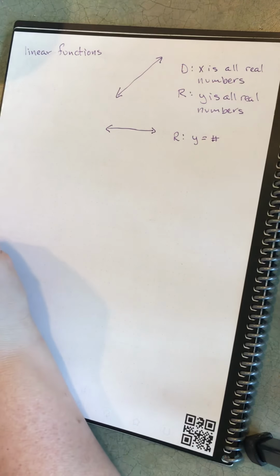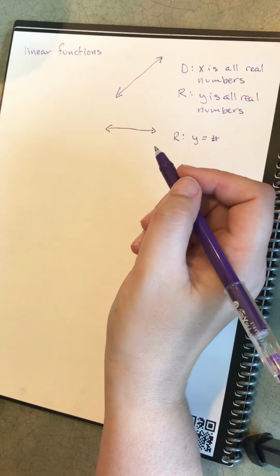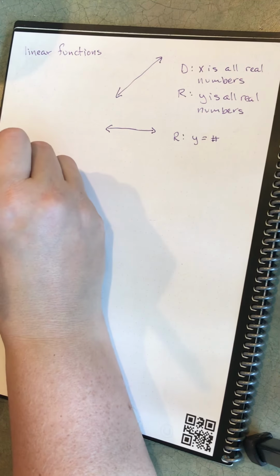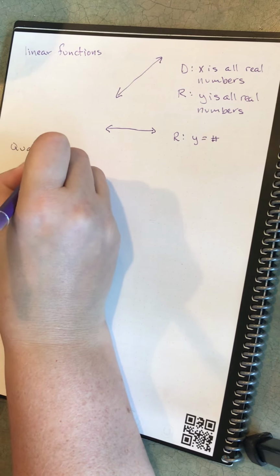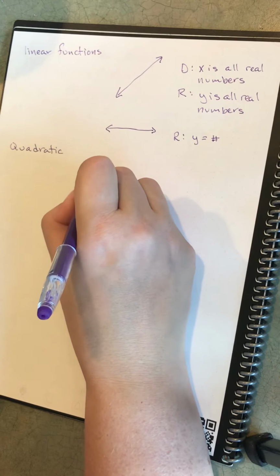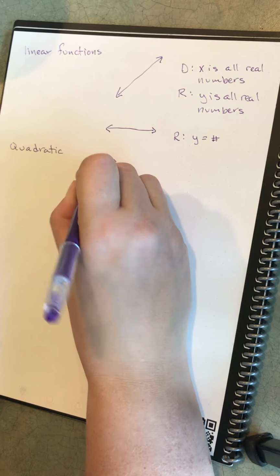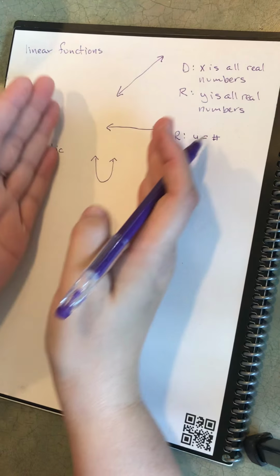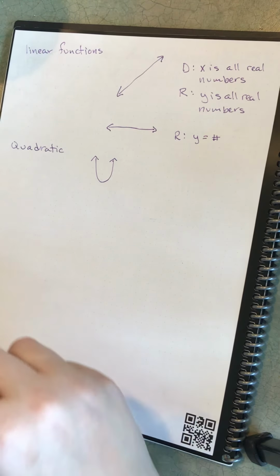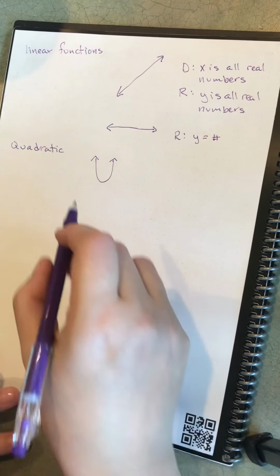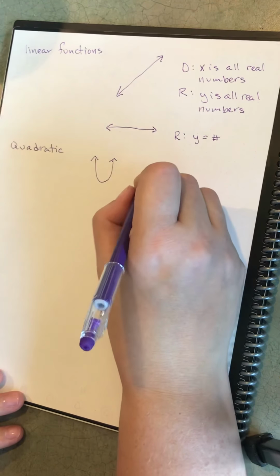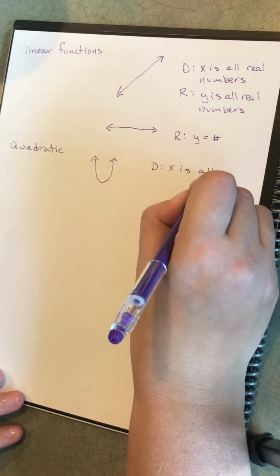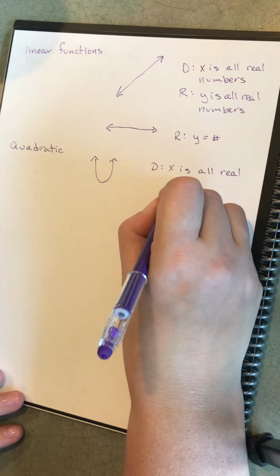After linear, we did quadratic. Thinking about a parabola, parabolas are going to keep going wider and wider forever. So the domain is going to stay x is all real numbers.